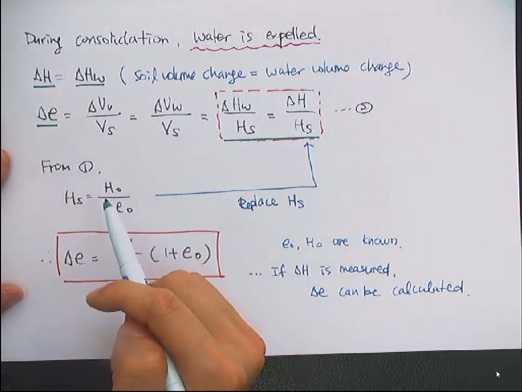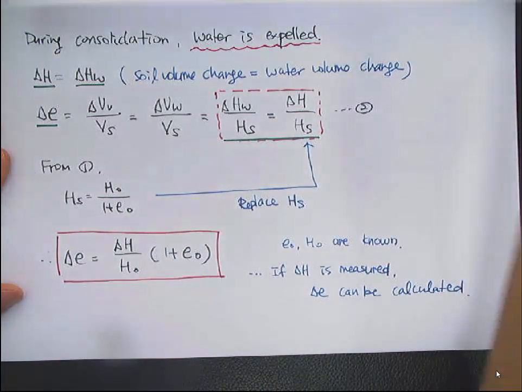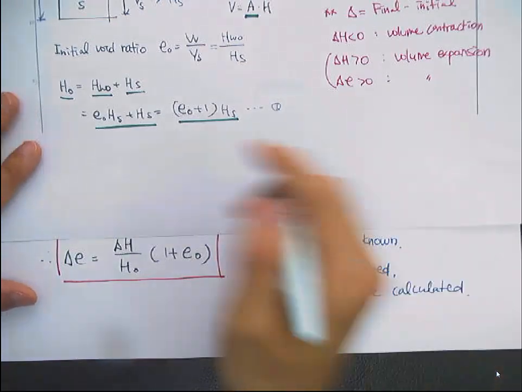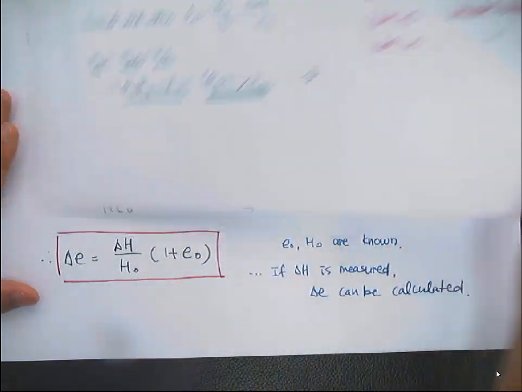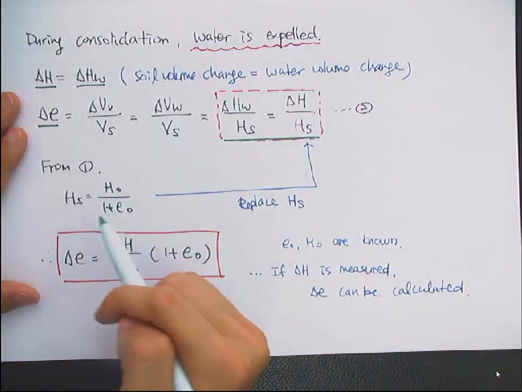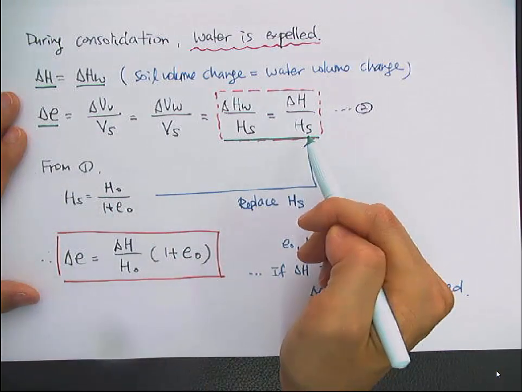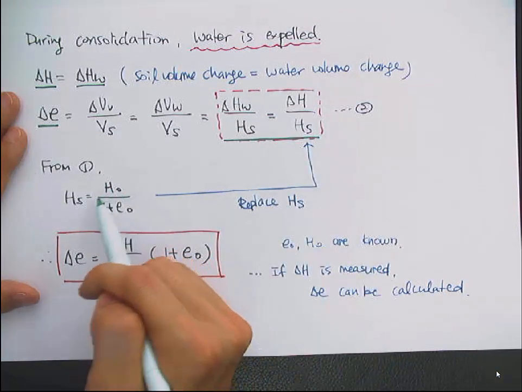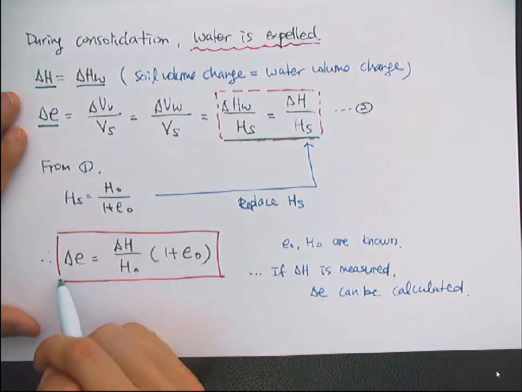Then from the first equation, here, this first equation, we can replace this HS with the H naught and the E naught, then we get this final equation.